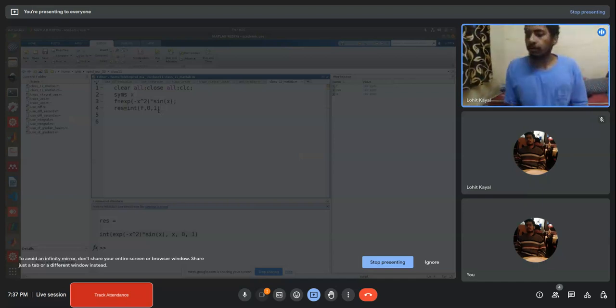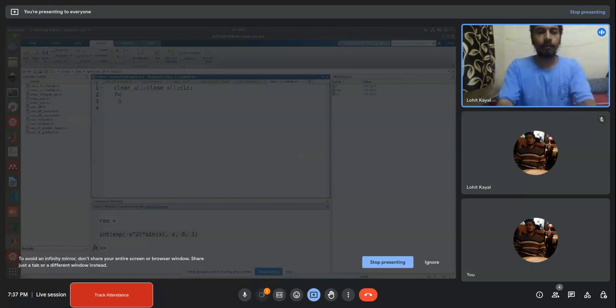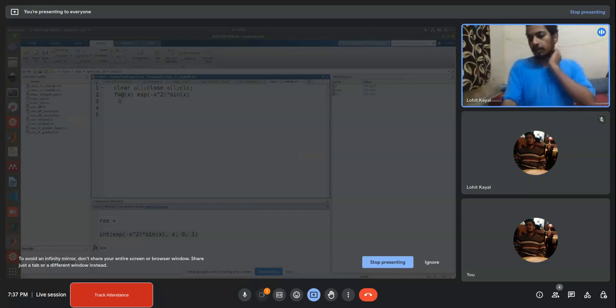So now I will show that using integral and trapz, I can find the result of this integration for this defined limit. Okay. Now let me erase it. Here f equal to x. One thing I can do.